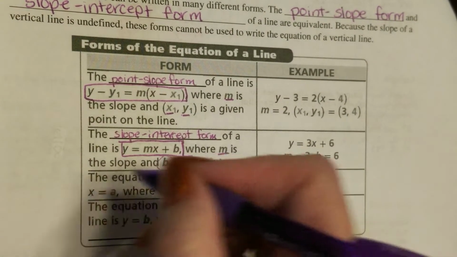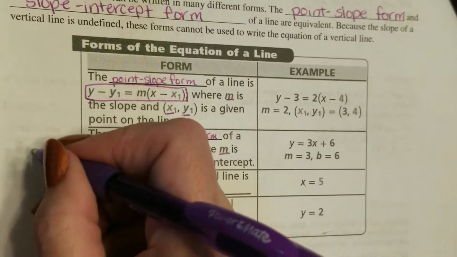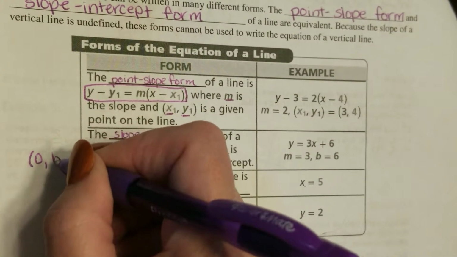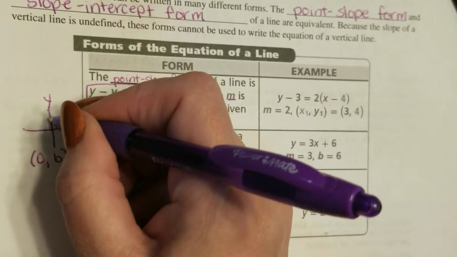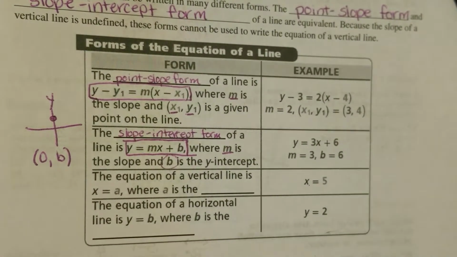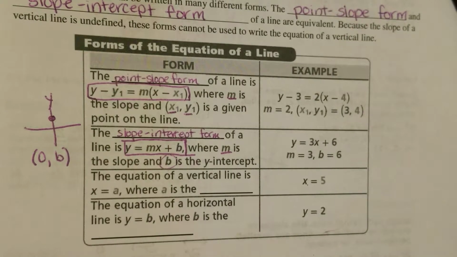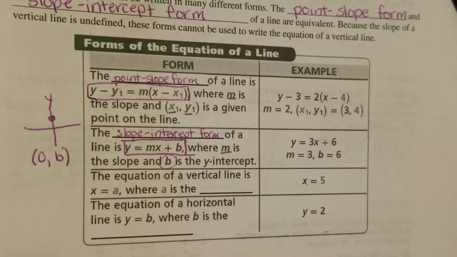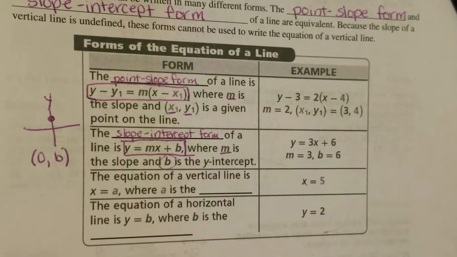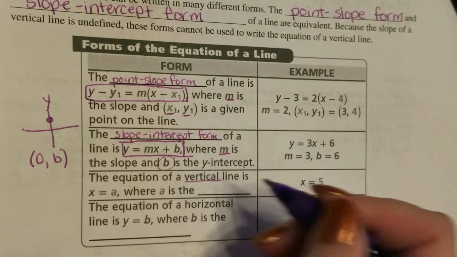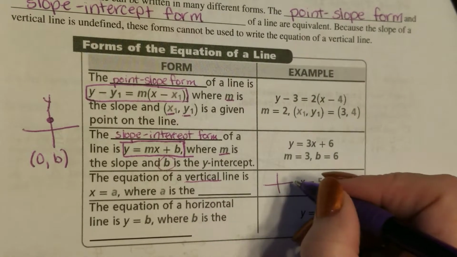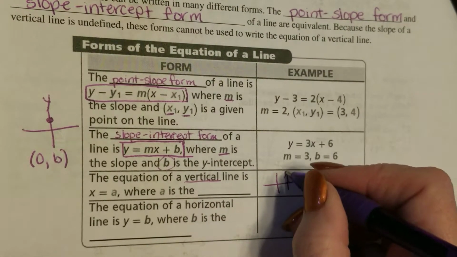Now b is going to be the y-intercept, which means it's going to be the point (0, b). It's going to be where it crosses the y-axis and the x is 0. Now, a special one are our vertical and horizontal lines. So x equals a is a vertical line because it's going to come through. If here's x equals 5, it comes through like this.